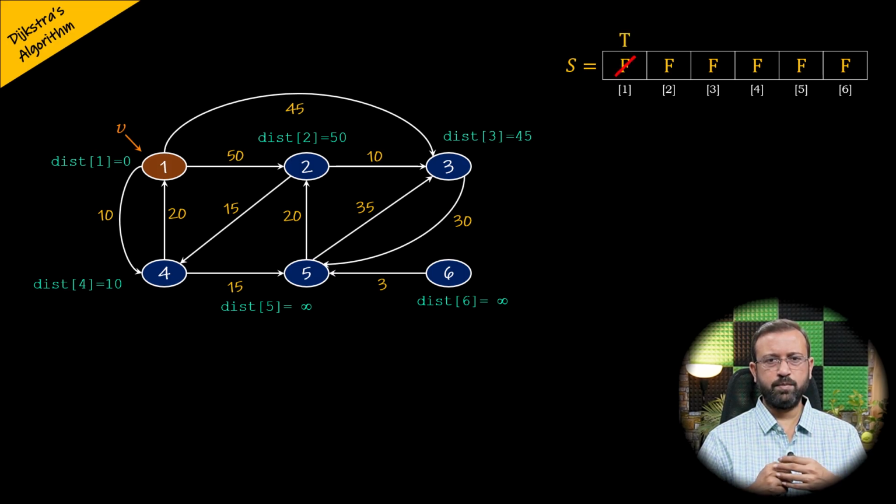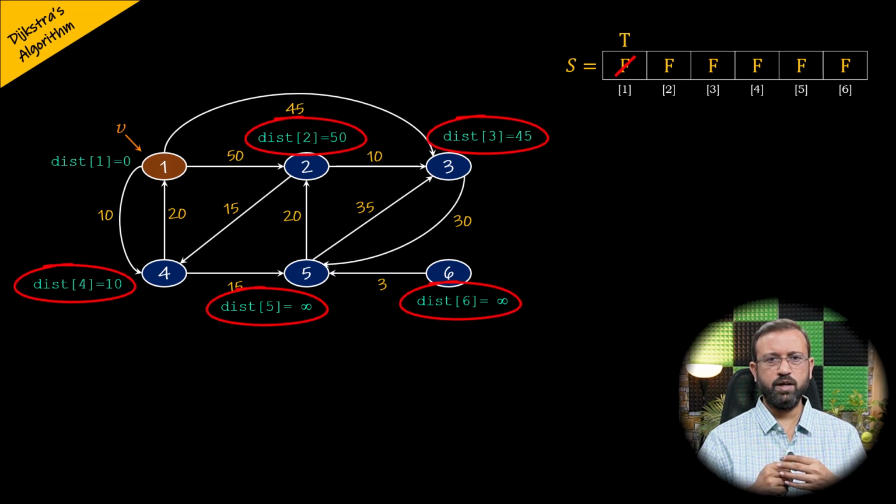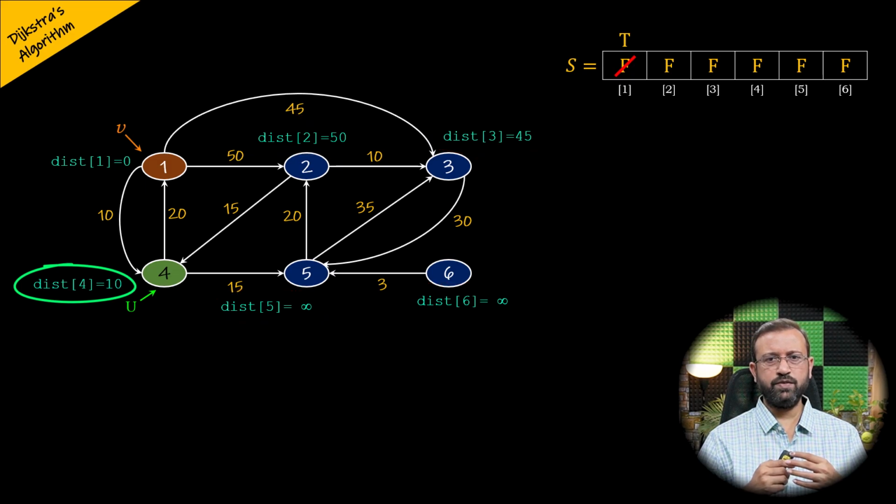Then, in the next step, we choose a vertex U whose distance is minimum and is not in set S. So, at this point, the minimum distance is 10 of vertex 4 and vertex 4 is not in set S because S of 4 is false. Therefore, vertex 4 becomes vertex U and is assigned to set S by making S of 4 as true.